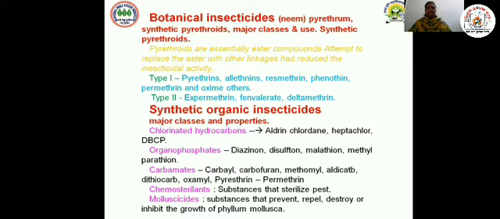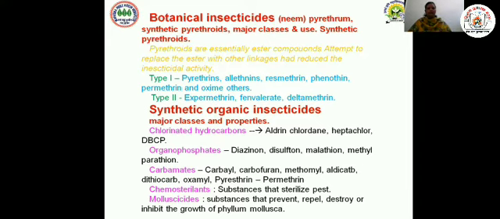Type 1 is pyrethrins, allethrin, resmethrin, phenothrin, permethrin, and others. And under type 2: cypermethrin, fenvalerate, and deltamethrin. These are the type 1 pyrethroids and the type 2 pyrethroids.